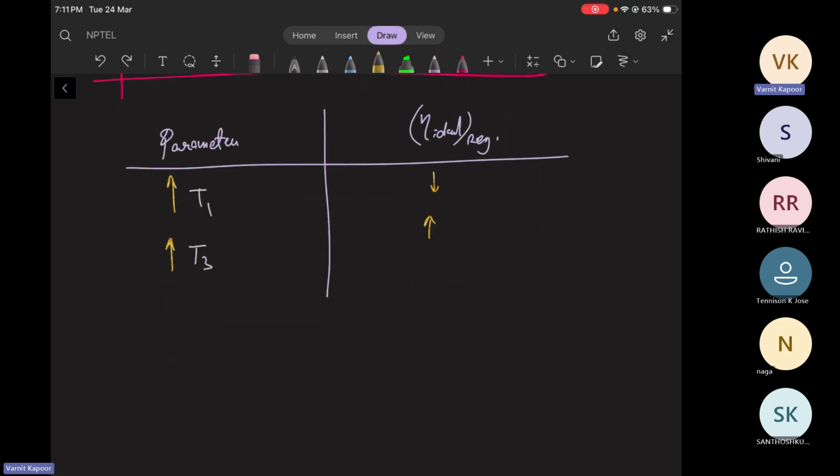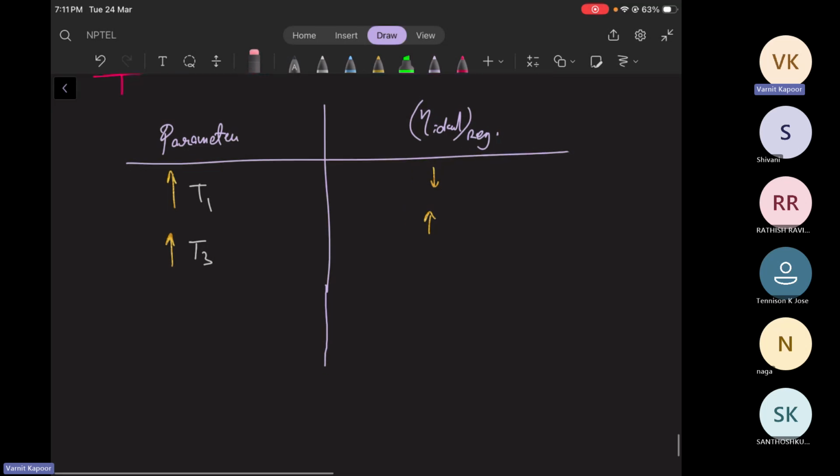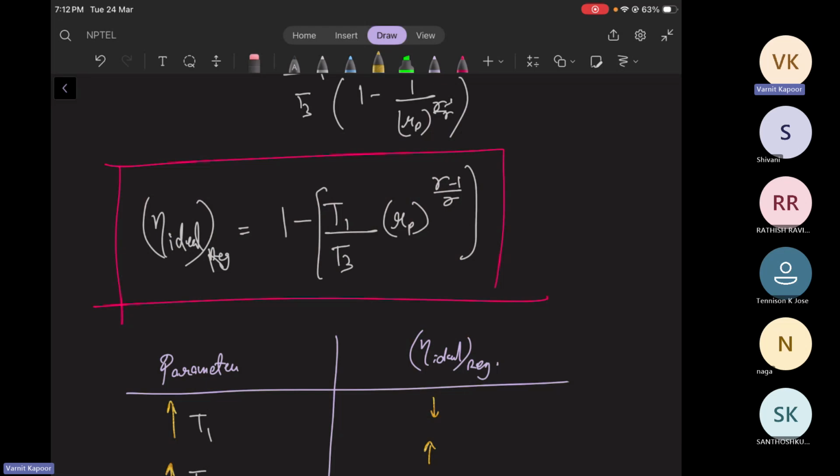Then the other parameter is your pressure ratio. If you increase your pressure ratio, your efficiency is going to decrease because it's in the numerator.